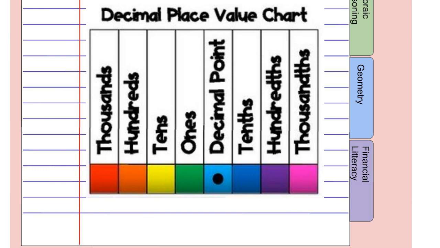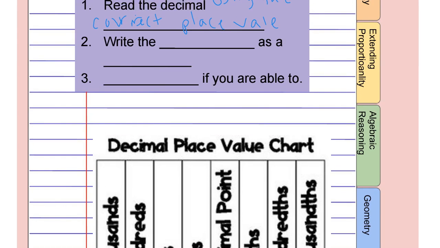I want you to use this place value chart down here. And I want you to say, oh, it's 5/10. Okay. If you notice on this place value chart down here, the first one is tenths, the second is hundredths, the third is thousandths. We will never ask you to go further than that for this year.